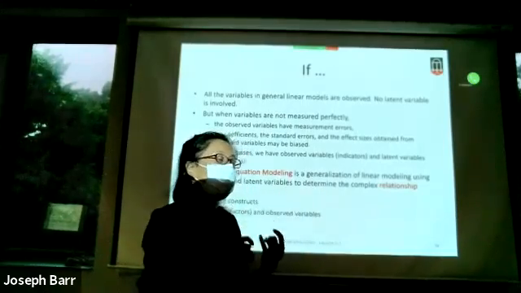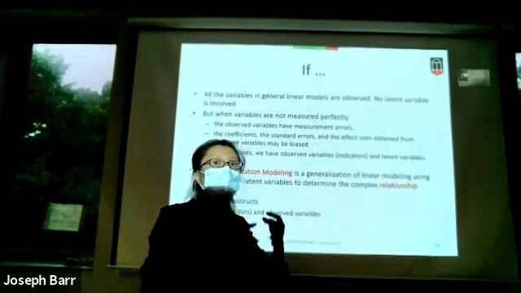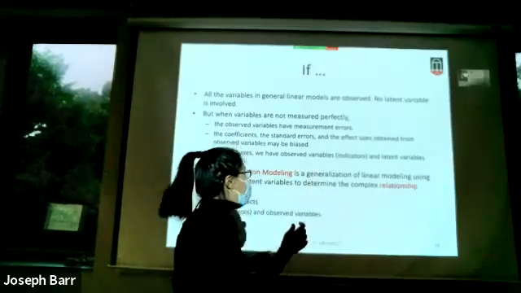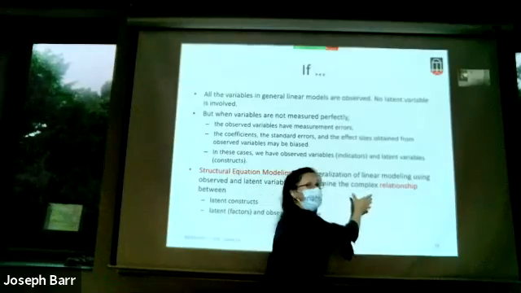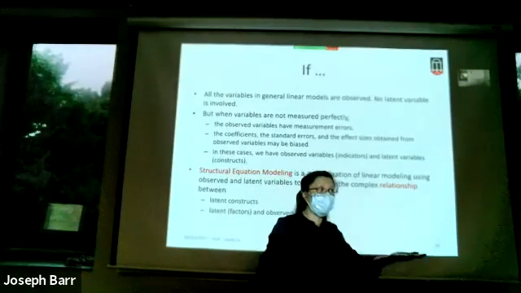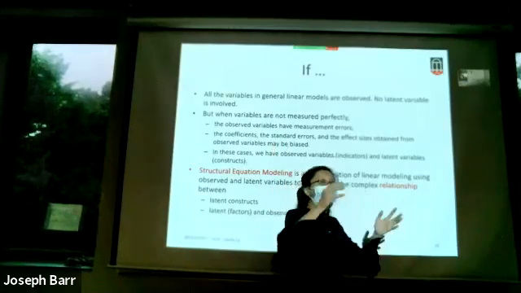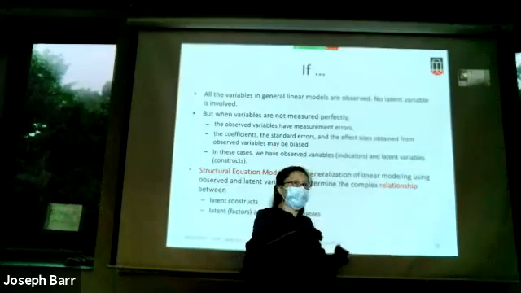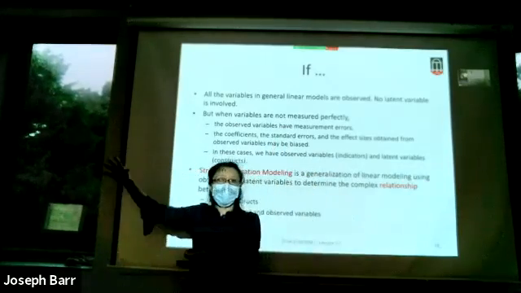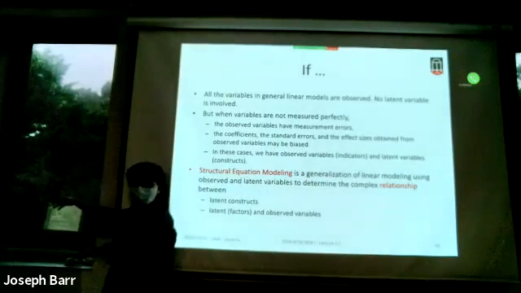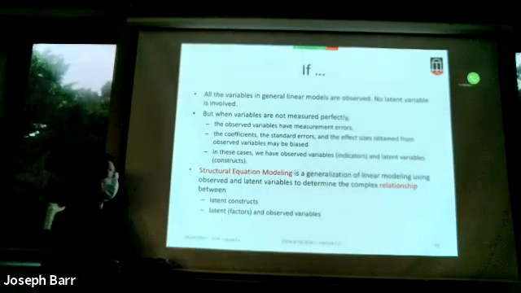Sometimes it's an observed variable, sometimes a latent variable. We look at the association or relationship among them, but it's more complex than linear regression. For linear regression, it's quite simple. We have independent variables and dependent variables. The flow is from independent variables to dependent variables. That's it. But for SEM, you can go further. A dependent variable can cause another dependent variable, which can cause another dependent variable. So we can have a lot of chains.